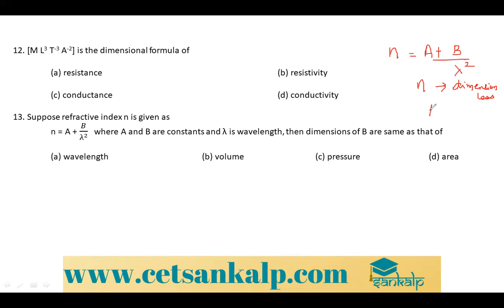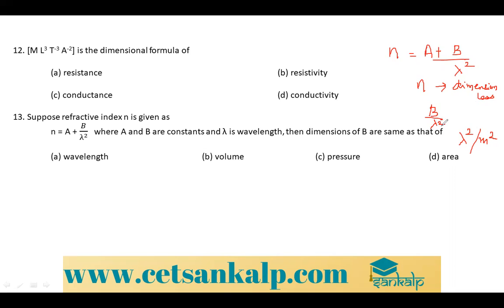So can I say b by lambda square is also dimensionless? The SI unit for lambda is meter, so lambda square is meter square. So you can say b should have the dimensions of lambda square.